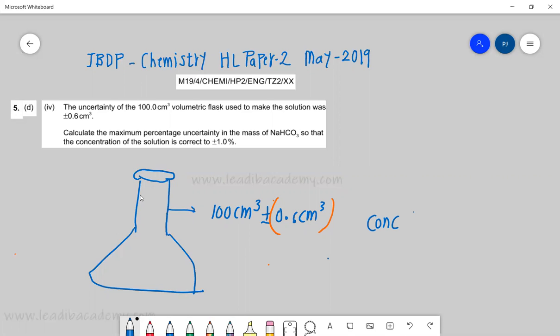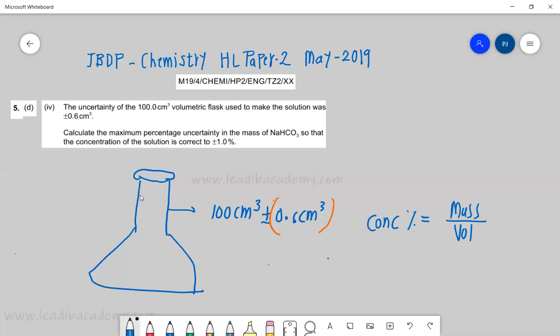In terms of percentage, it is mass divided by volume. Please remember, mass divided by volume, that is density, is some kind of concentration. Only we are going to express it in terms of percentage. Simple.